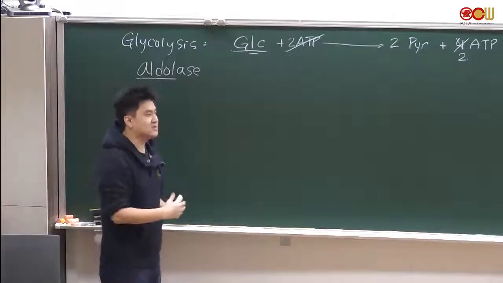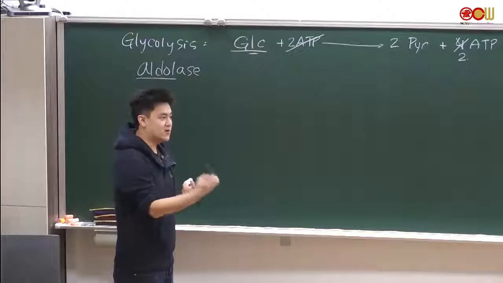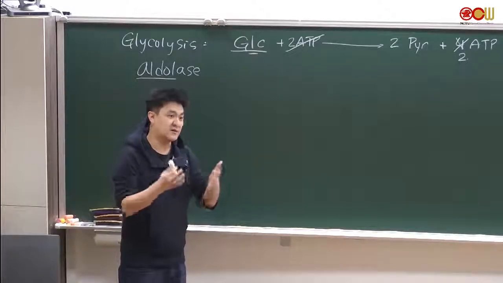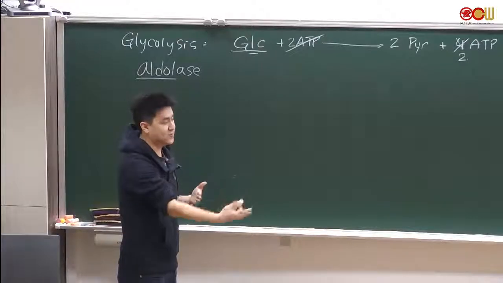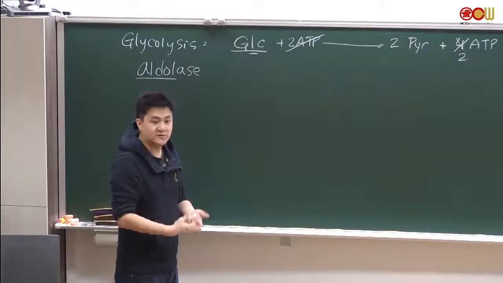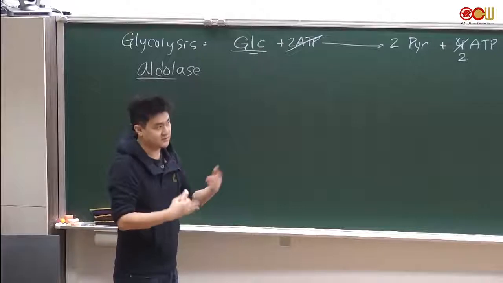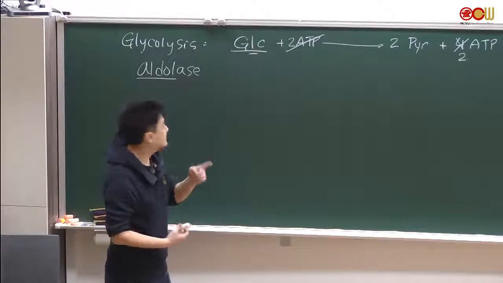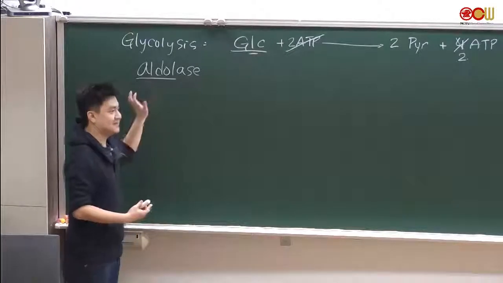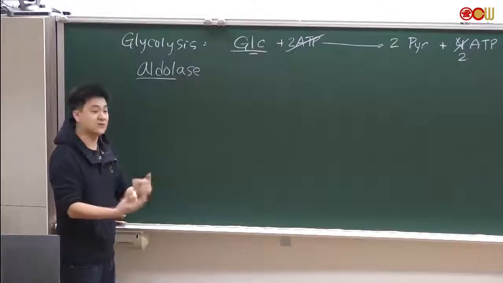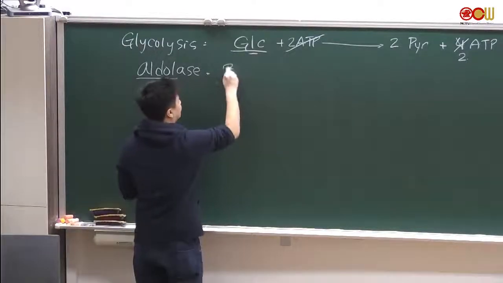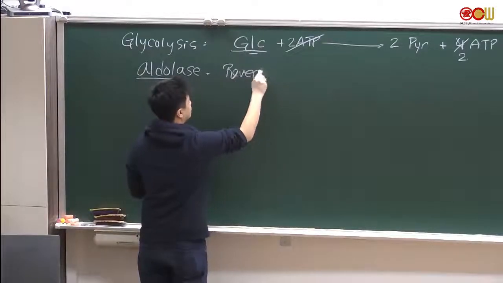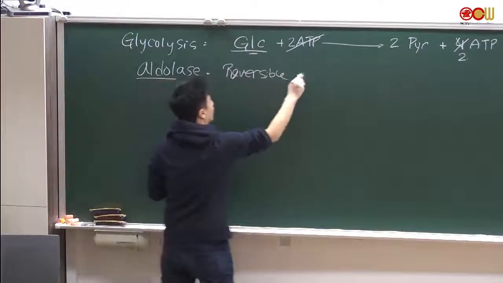Back in lecture 1, we talked about when you have a deprotonated alpha carbon, and that alpha carbon reacts with an aldehyde, you will form an aldol product, okay? It's an aldol reaction. And in this case, aldolase does exactly that, but in reverse. So aldolase catalyzes a reversible aldol reaction.